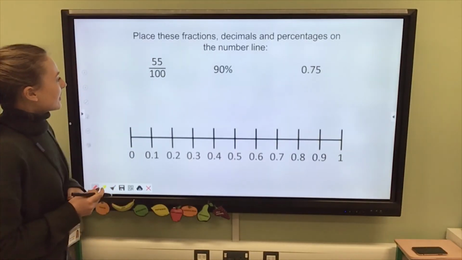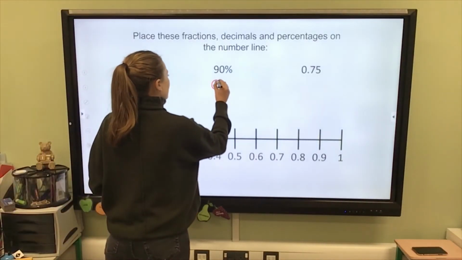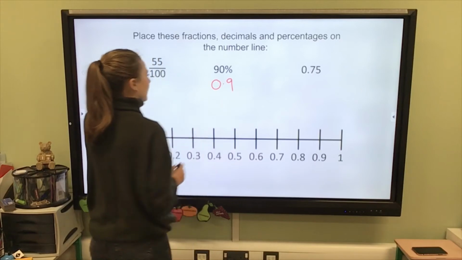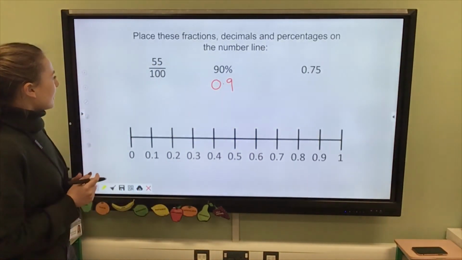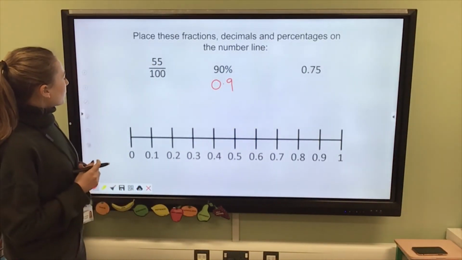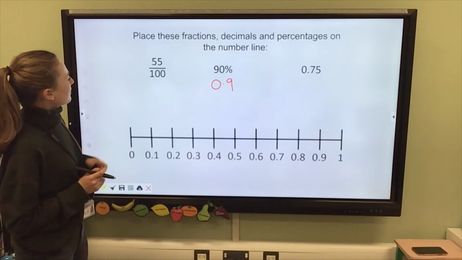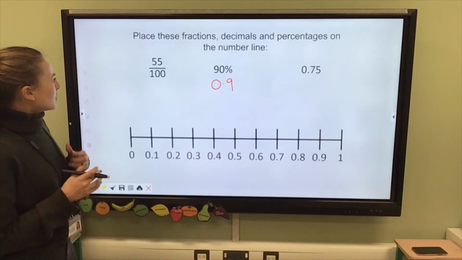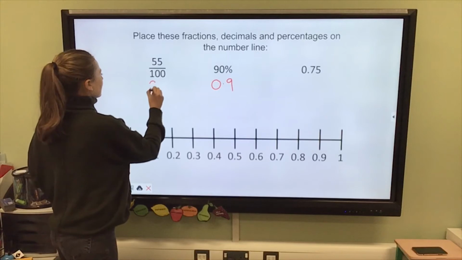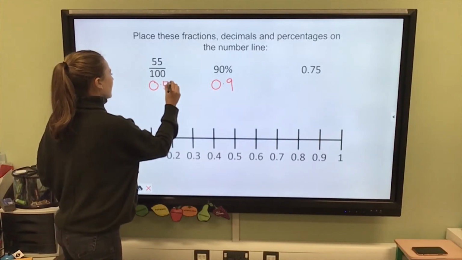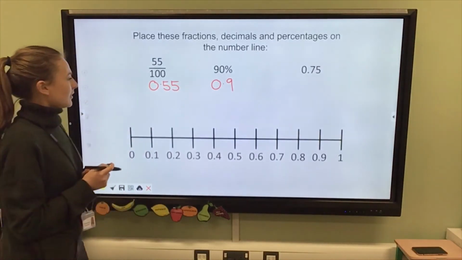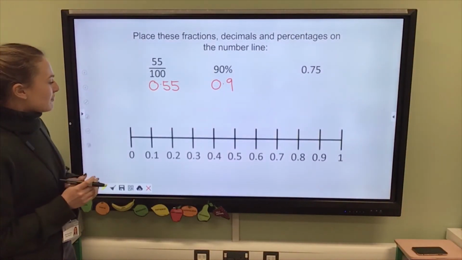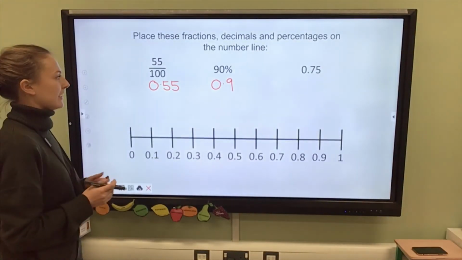Straight away, looking at the 90% there, I know that that's equivalent to 0.9. So that one's fine. And then 55/100, I know that that's equivalent to 55%, which means it's also equivalent to 0.55.